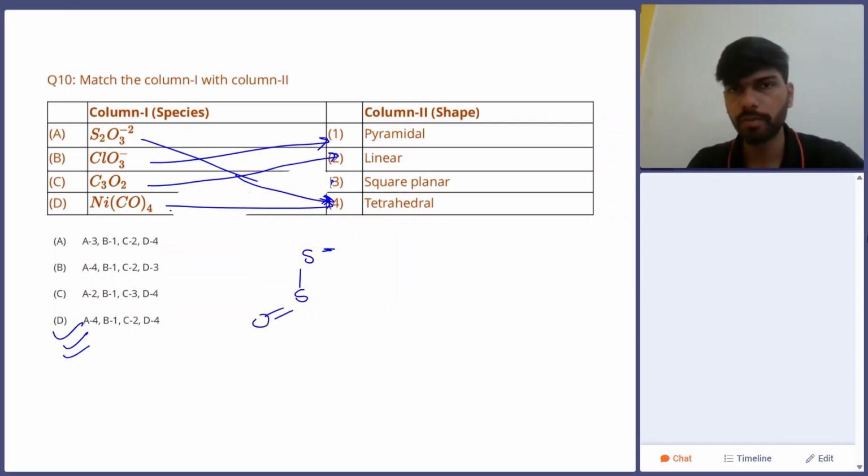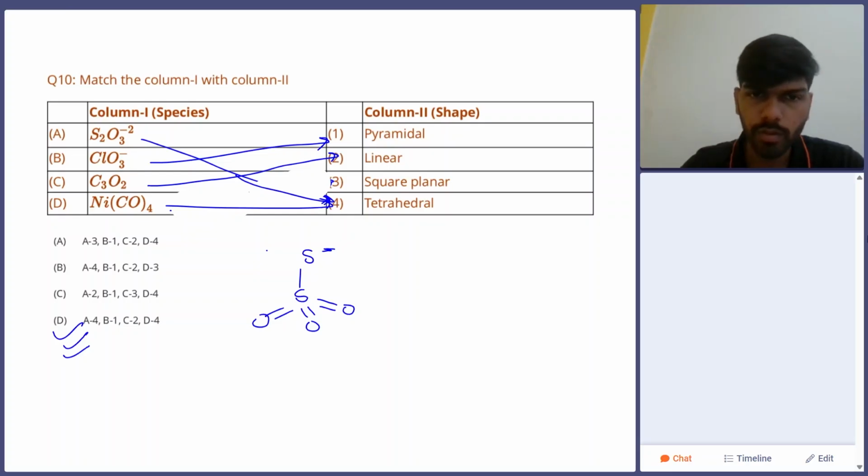See here, S minus, and then double bond O. Or else, if you want, you can write this structure in such a way so that you don't have any problem.